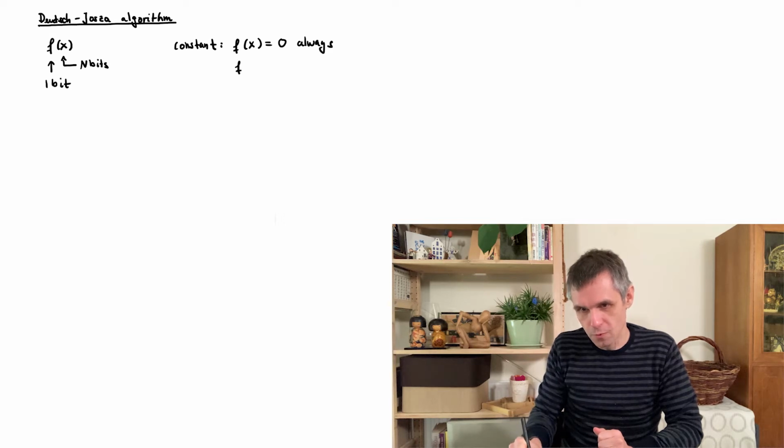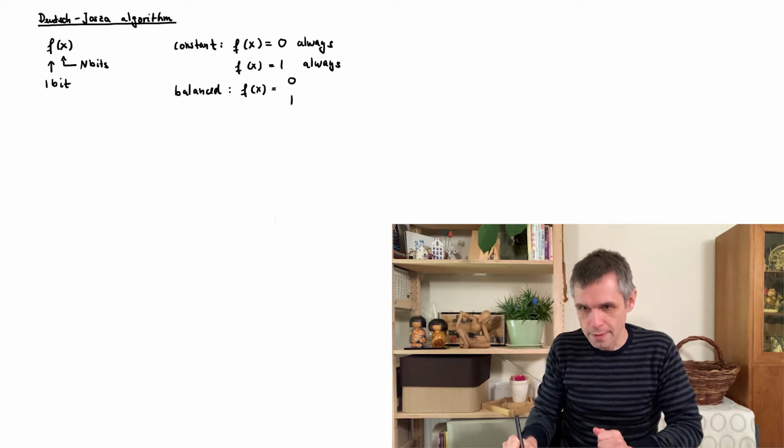So there are two different types. While for the balanced functions, f of x is 0 or 1 half of the time.